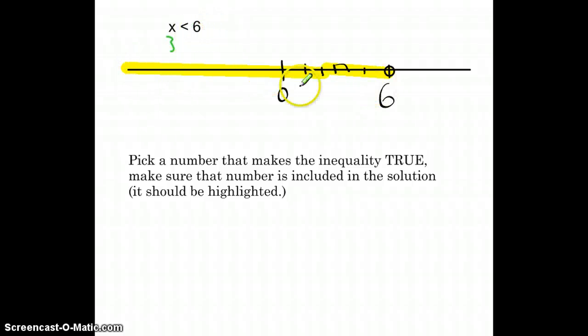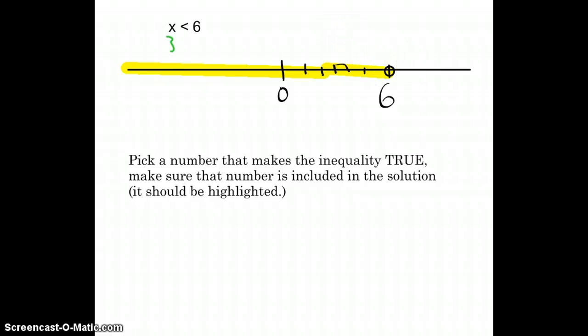Any of these numbers down here make this inequality true. Negative 10, negative 100, 1.4, negative 0.4, right? They would all be less than 6. The second I go right up here to 6.1, 6.2, 7, 10, 20, 30, none of those numbers are less than 6. That makes this inequality not true. Therefore, it's not colored in.